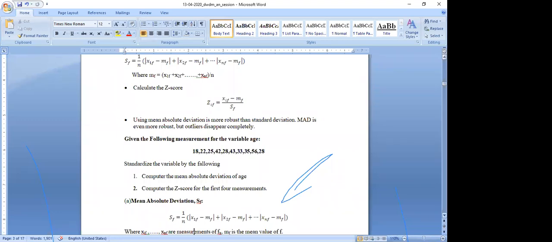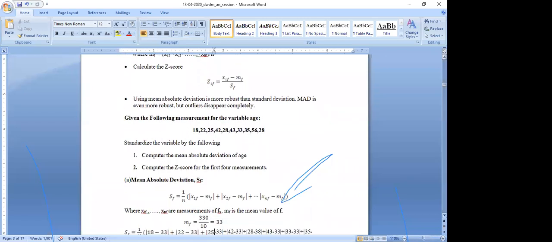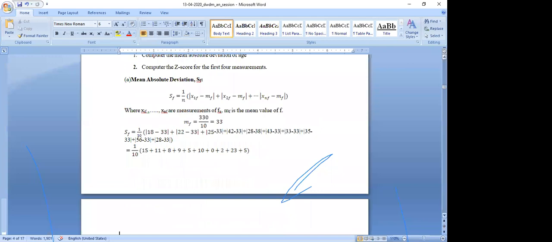First, the mean absolute deviation. What is the mean absolute deviation formula? Directly it is given: 1 by n, the absolute value of x1 minus mu plus the absolute value of x2 minus mu, plus x3 minus mu, till the last variable. The total number of variables is 10, so 1 by 10.